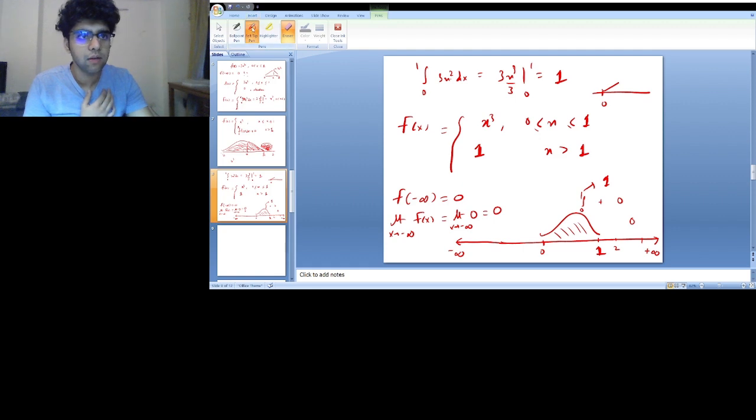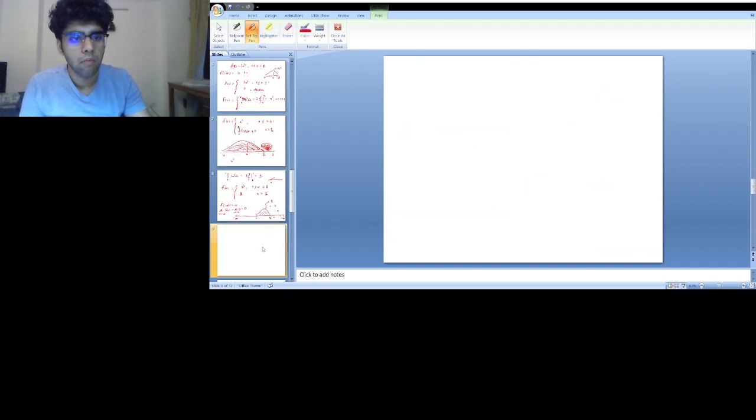This means that my F of negative infinity is equal to the limit as x goes to negative infinity of F(x), which is equal to 0.